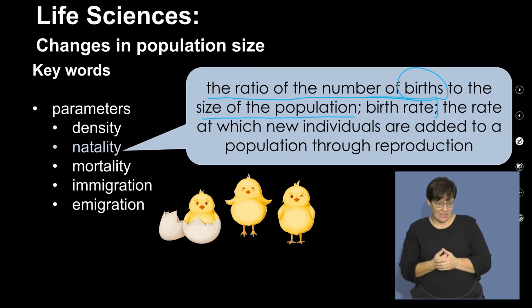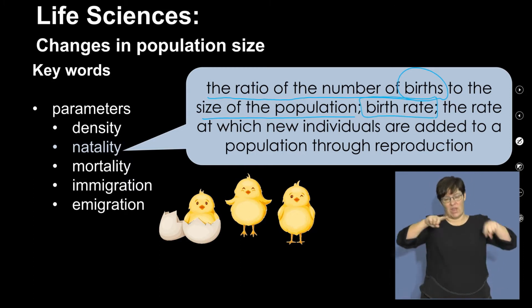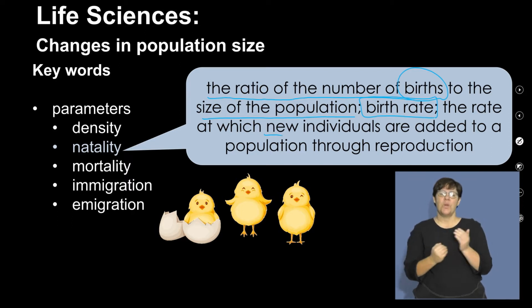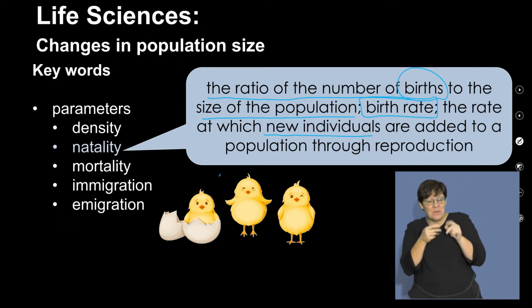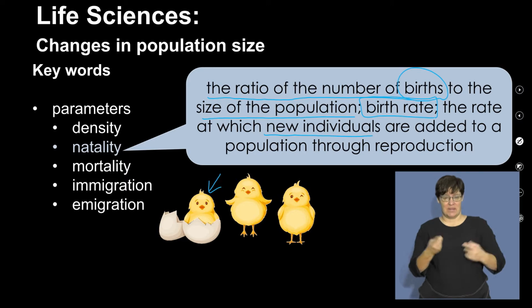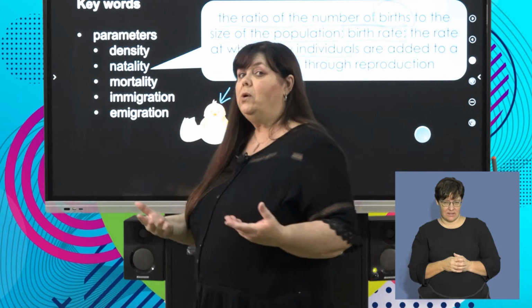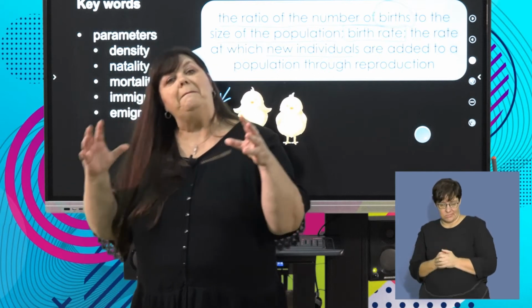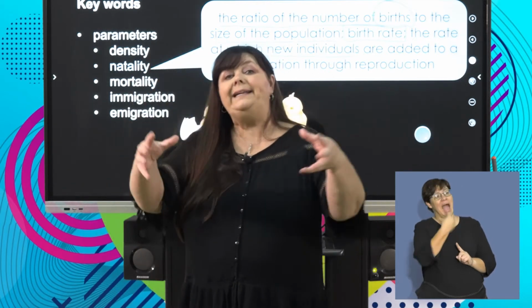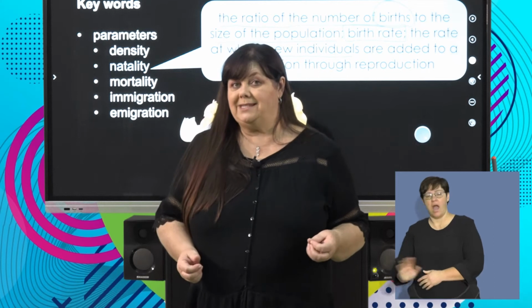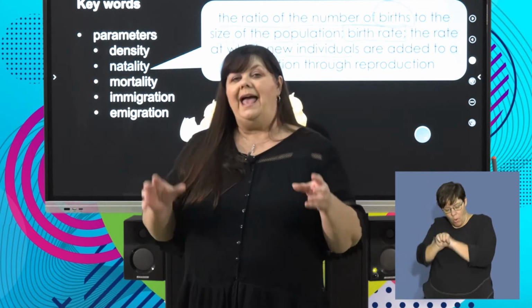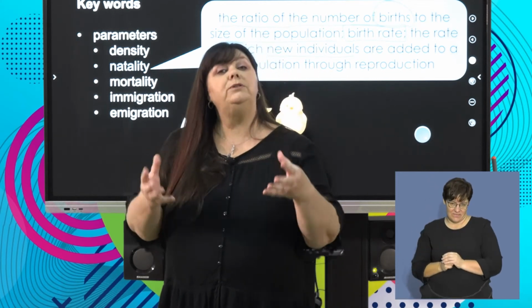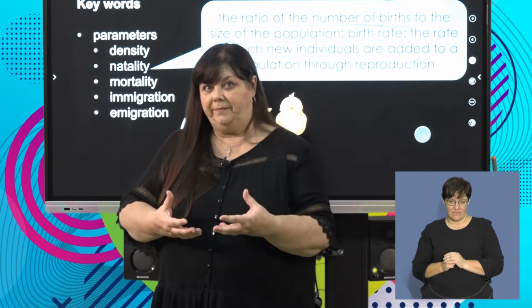So we could call it maybe the birth rate. It's the rate at which new little individuals are being added to the population, of course, by reproduction. So it must be adding to the population size, and it has to be by the process of reproduction.